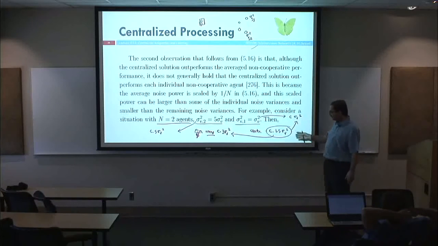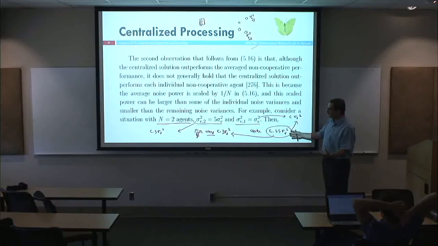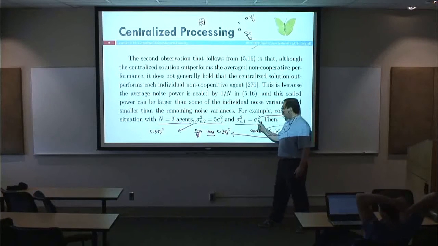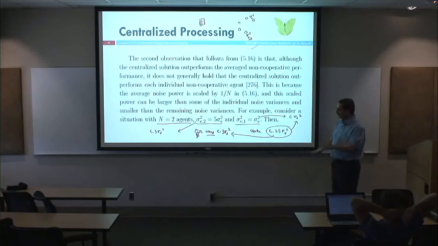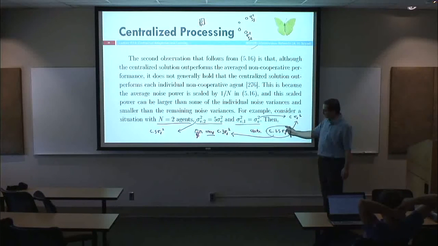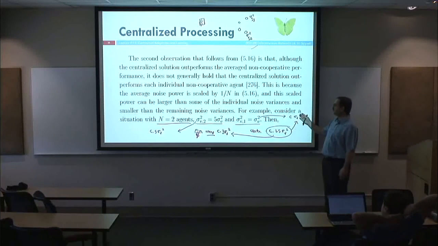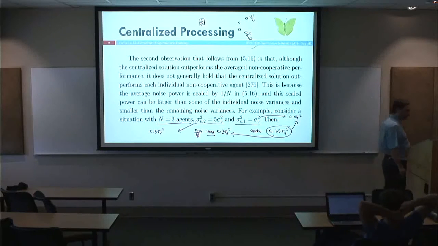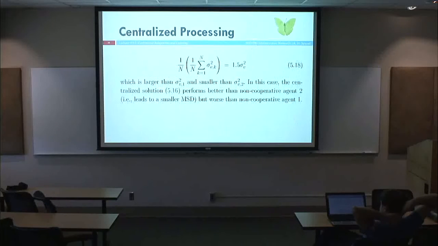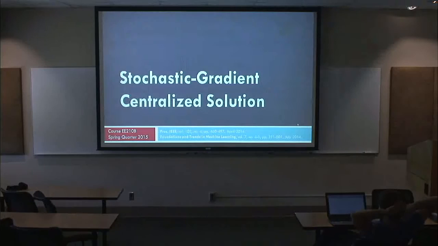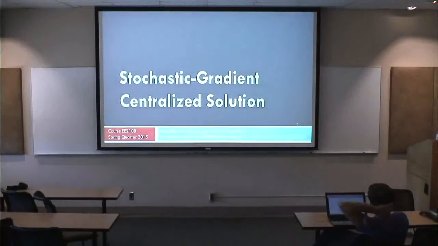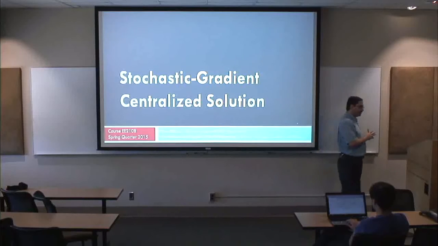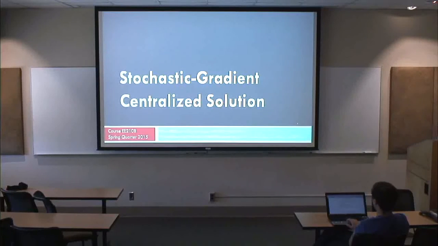But because you have an averaging effect and you are dividing by n, especially in situations where the change in noise profile is so drastic between agents, it may be the case that the average performance you are getting in the centralized solution is worse than the best single agent. So this is a remark I wanted to make. Very good. So now, let's study this problem under more general conditions and not necessarily for the mean square error case.